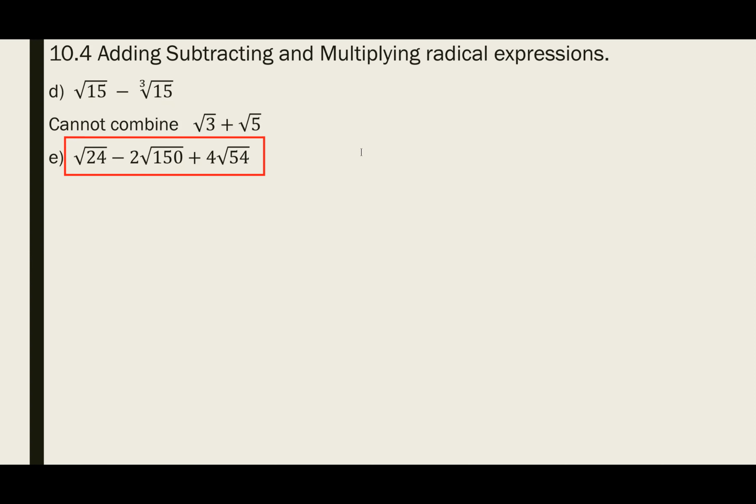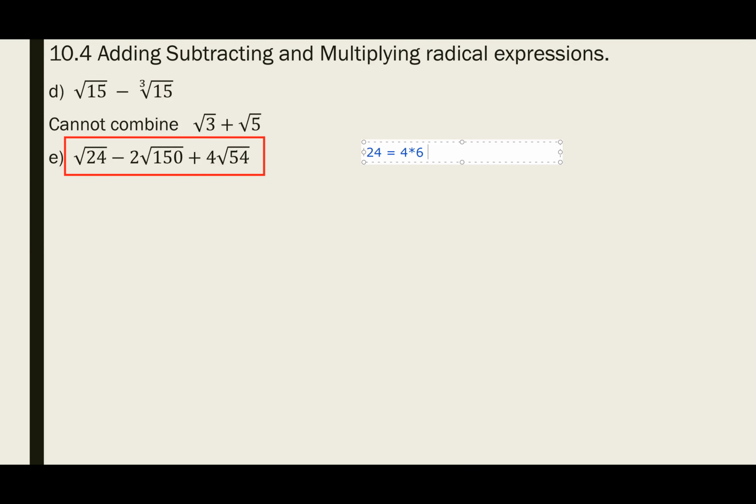Right? Hopefully you guys see that this is what we have. Do you agree that 24 is equal to 4 times 6, right?